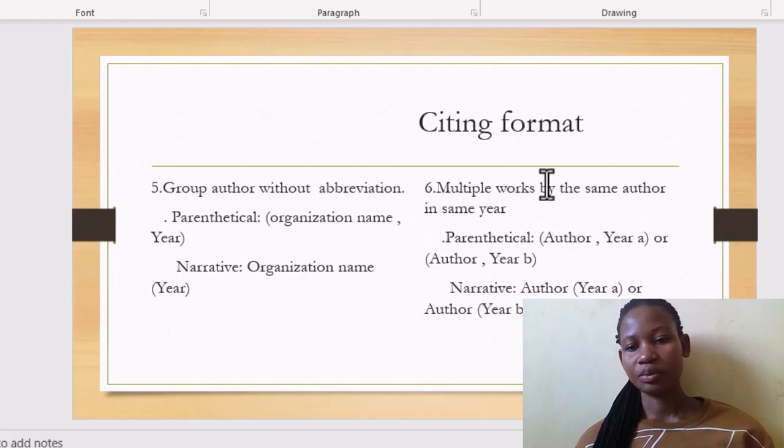And then for the multiple works by the same author in the same year, we shall have the parenthetical and then the narrative.